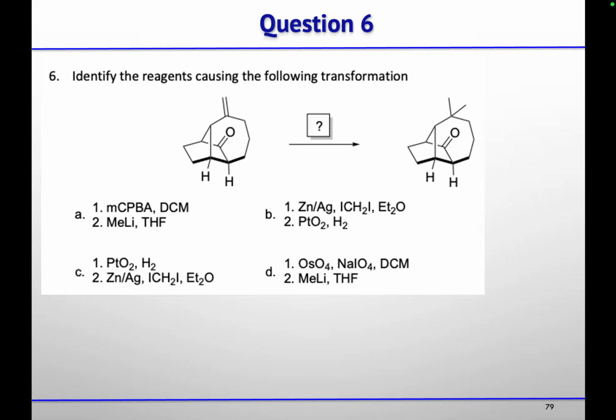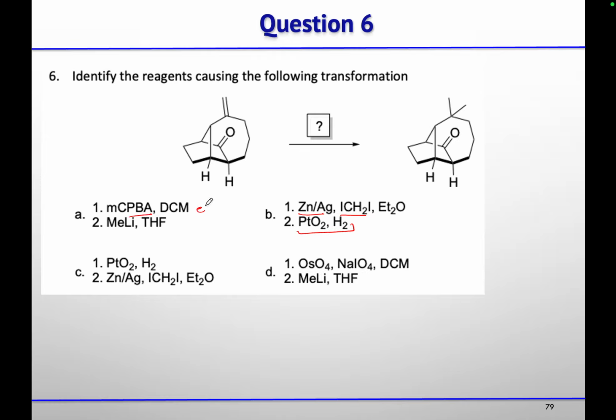Next is identify the reagents causing the following transformation reaction. If you treat with mCPBA, then epoxide will form and methyl lithium will open the epoxide from the less substituted side. So it will form an ethyl and a hydroxy group, right? Then if you treat it with zinc amalgam and iodomethane, this is the Simmons-Smith reaction. So it first forms the cyclopropane, and using Adams catalyst, that cyclopropane will cleave to give the dimethyl product.